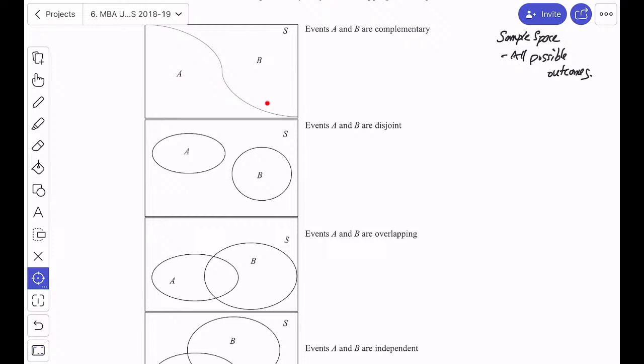However, complementary events have a special additional feature that I just explained, but to reiterate, they fill all the space. Now, in disjoint events, there's A, there's B, and there's something else. What should we call that something else? Does anybody have a suggestion? How can we refer to this something else?